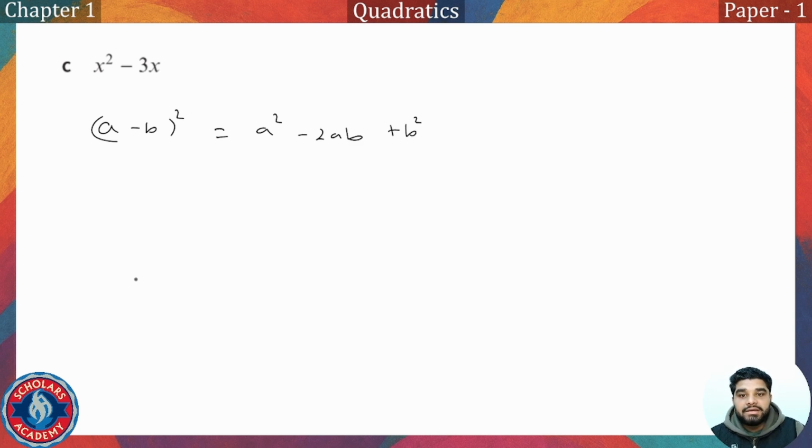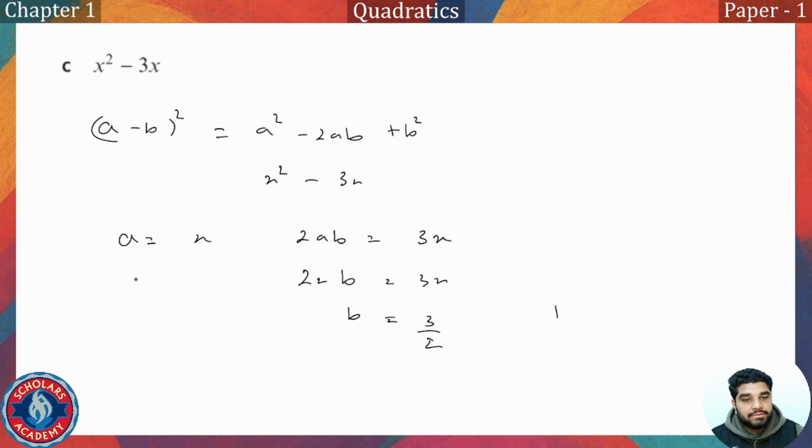So comparing it with the equation, we get x square minus 3x, and we don't know what's over here in b. So a becomes x, 2ab is equal to 3x, right? If we substitute this value, we get 2xb is equal to 3x. We get b as 3 by 2.